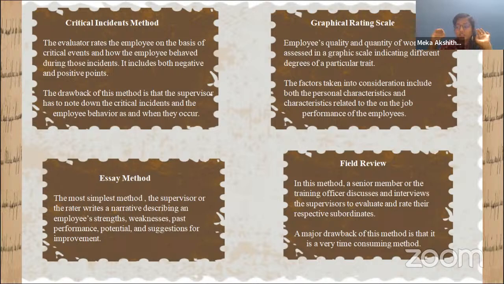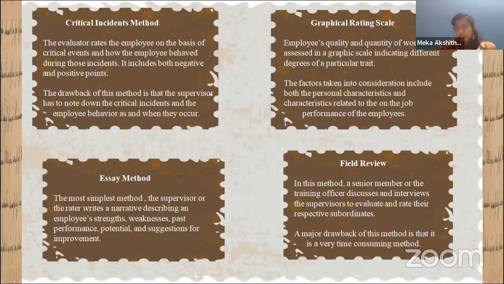Whatever ideas the employee gave, whatever the employee contributed, would be long forgotten. So it is important for the supervisor or whoever is evaluating to note down whatever ideas are given by that employee in that critical situation. That is about the critical incidents method.